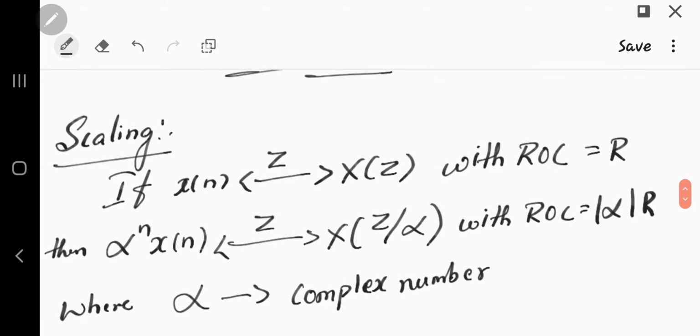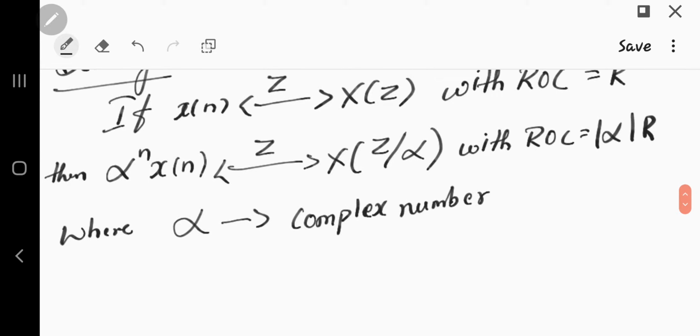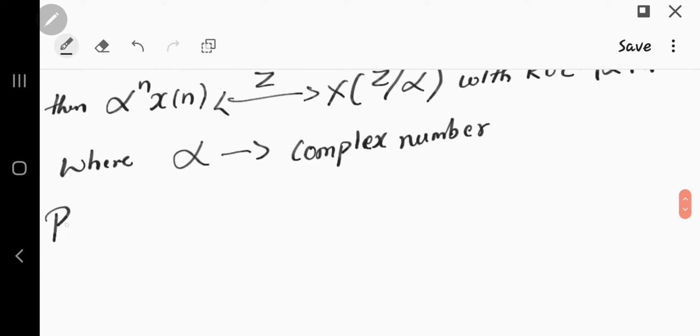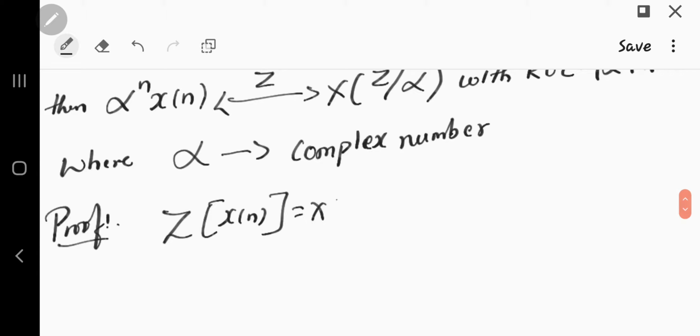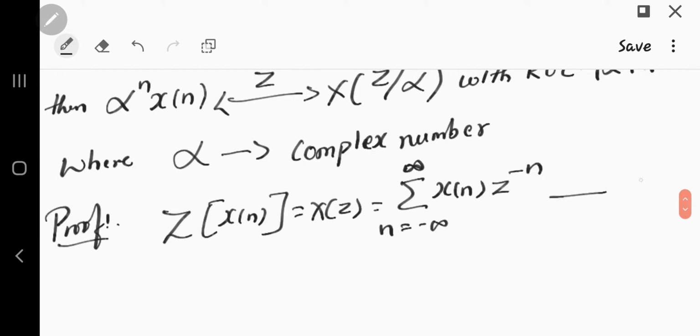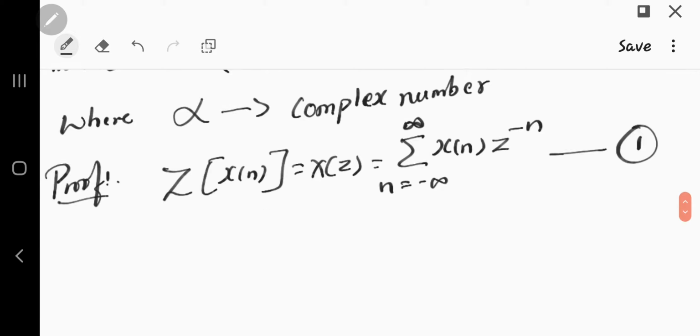So now based on this, let's start deriving the proof for this one. Z transform of x of n, which is nothing but X of z, is summation n varying from minus infinity to plus infinity x of n z to the power of minus n.